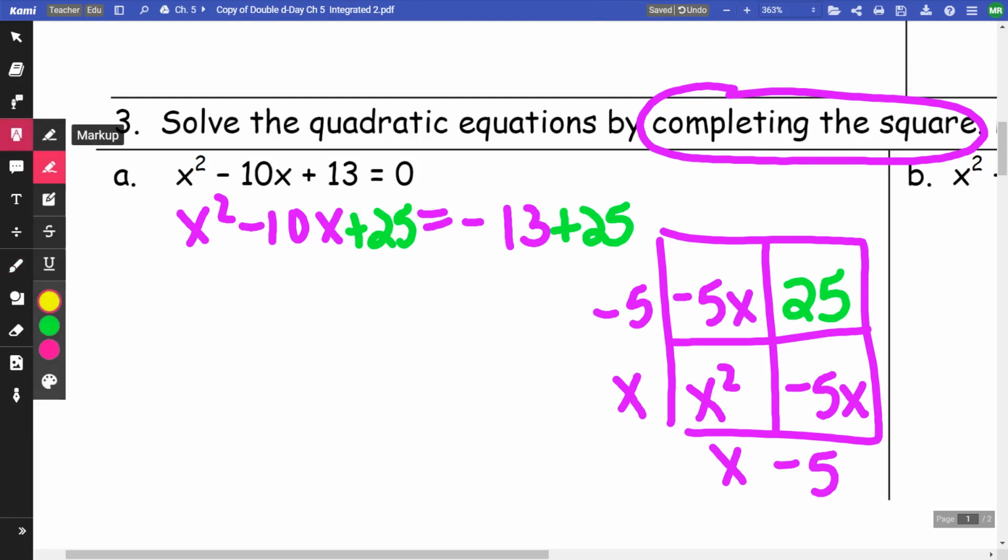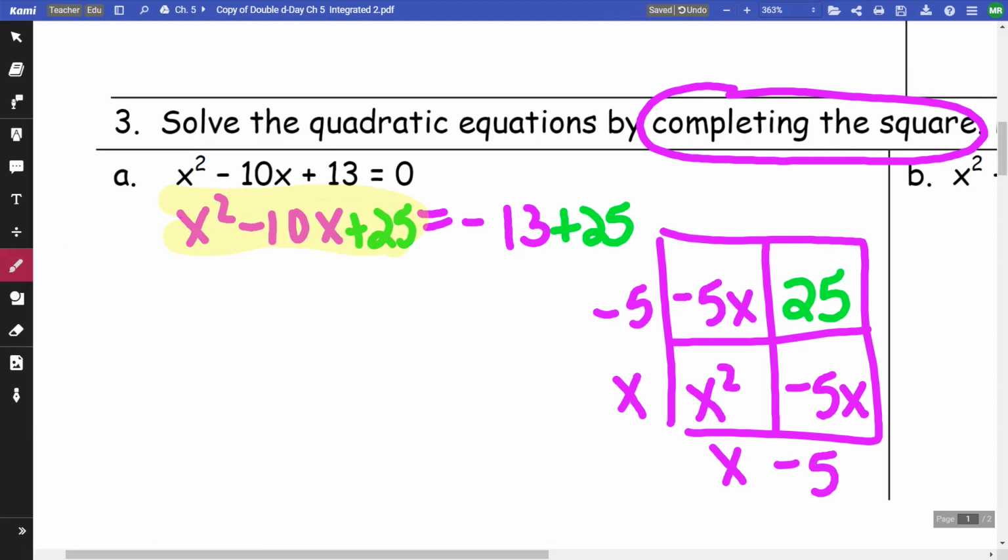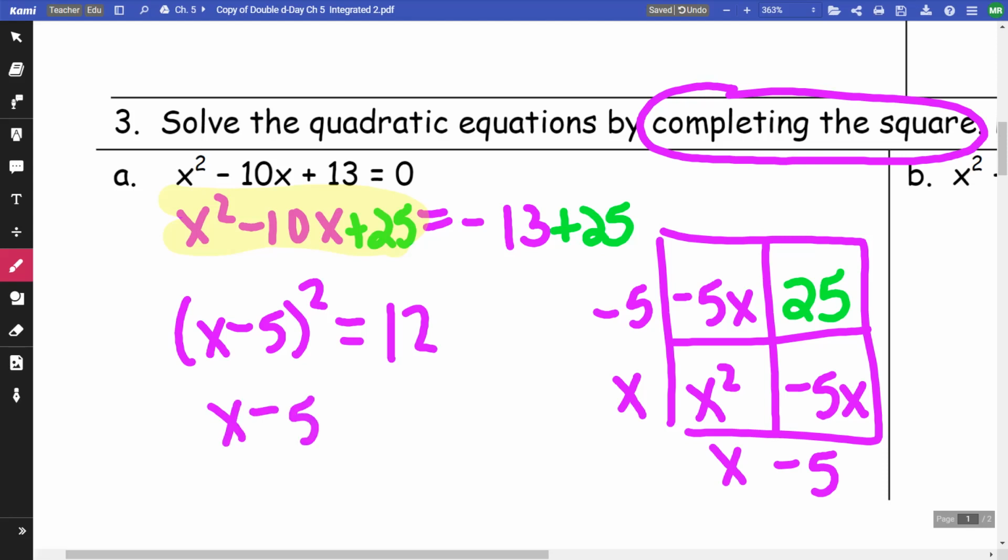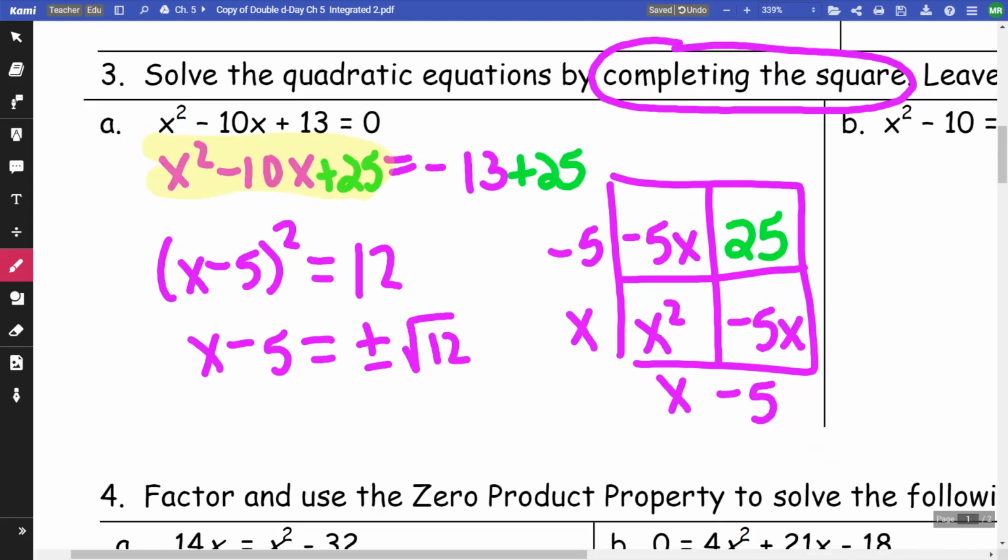Now this side here is the same as the quantity x minus 5 squared. One of them's area as a product, the other one's area as a sum. And then I add and I get a 12. I take the square root, and I get plus or minus the square root of 12, which I can clean up here in a second.